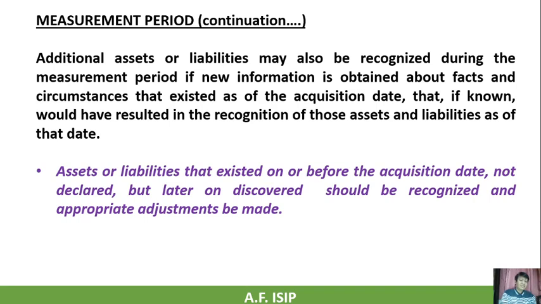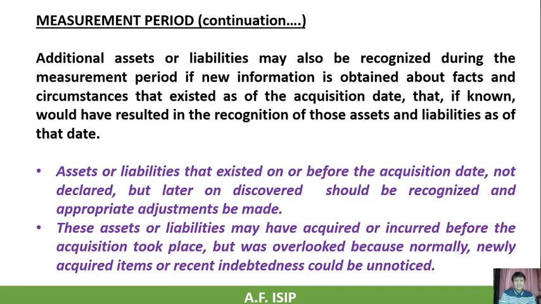As I emphasized a while ago, there are some instances where newly acquired assets and newly incurred liabilities existed, but these data were intentionally or unintentionally omitted. An adjusting entry should be made covering this information omitted during the business combination.